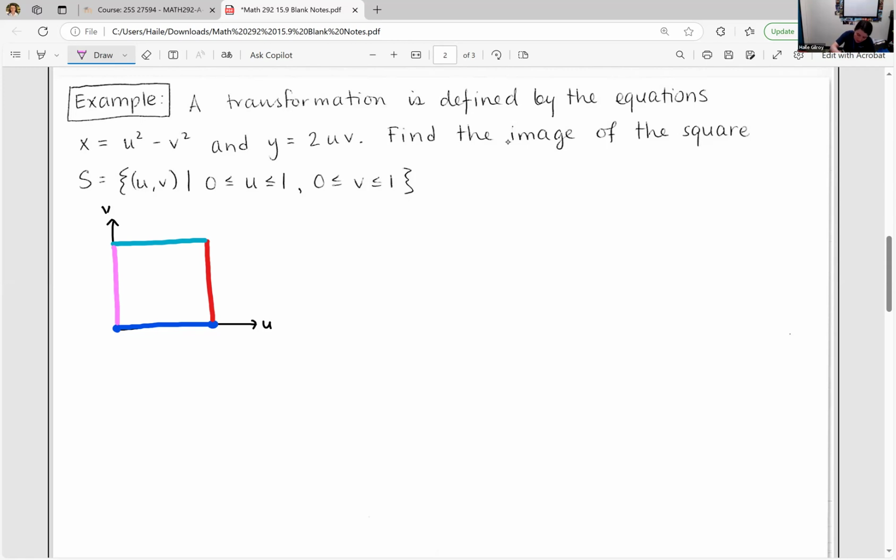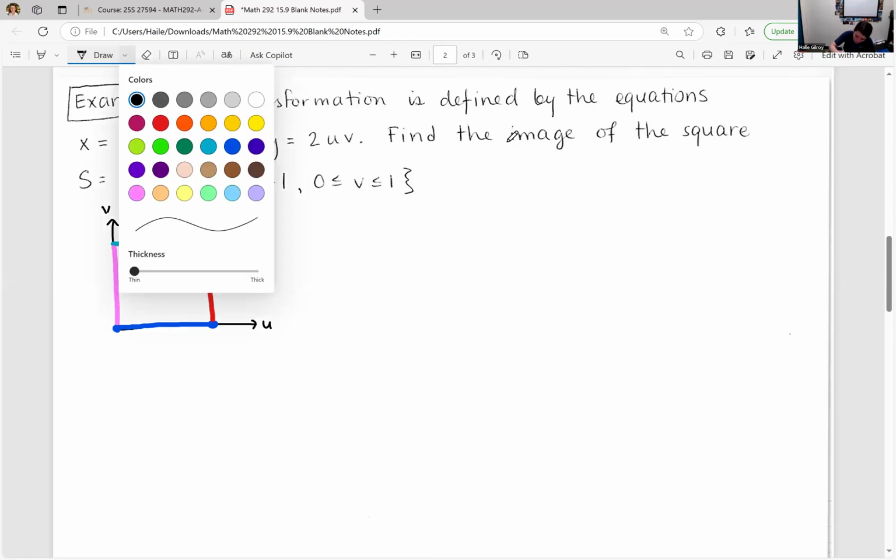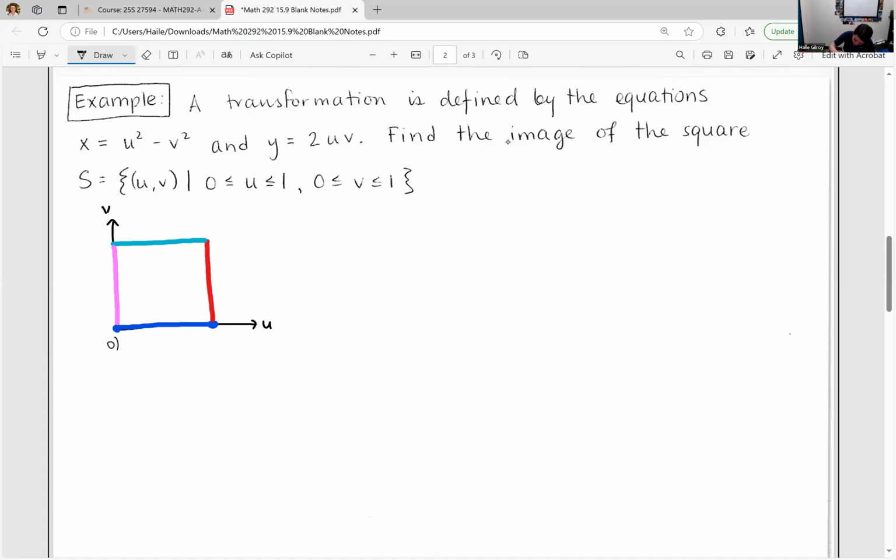All right. And if I were going to label the points of this square, we've got 0, 0. We've got 1, 0, 1, 1, and 0, 1. All right, so that's my multicolored square, and this is our region S. Okay, so all of this in here, it's a filled in square, but what I'm concerned about is that boundary.